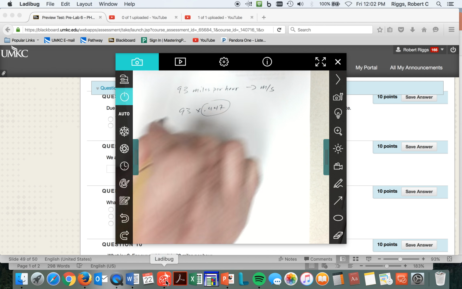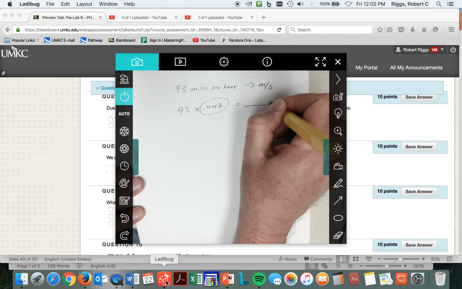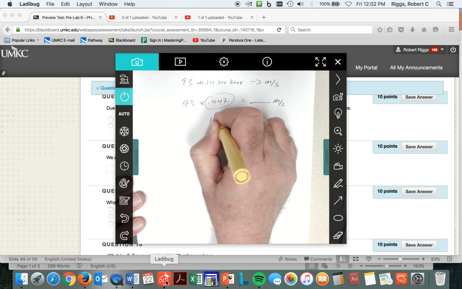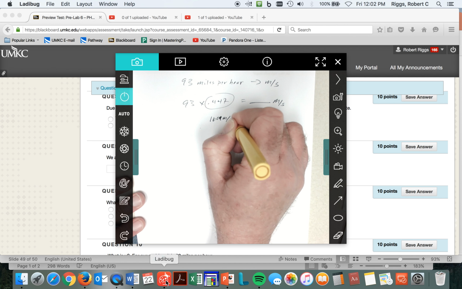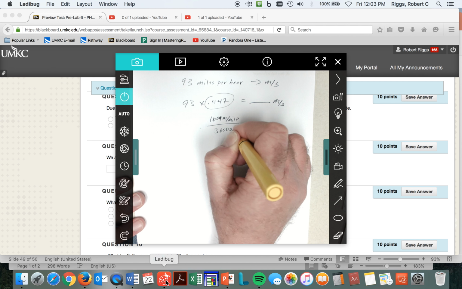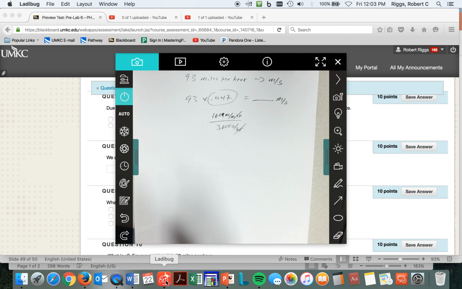That's the factor that you multiply by, and that'll give you the answer in meters per second. Because it's 1609 meters per mile, so the miles cancel, divided by 3,600 seconds per hour, so your hours cancel and you're left with meters per second.